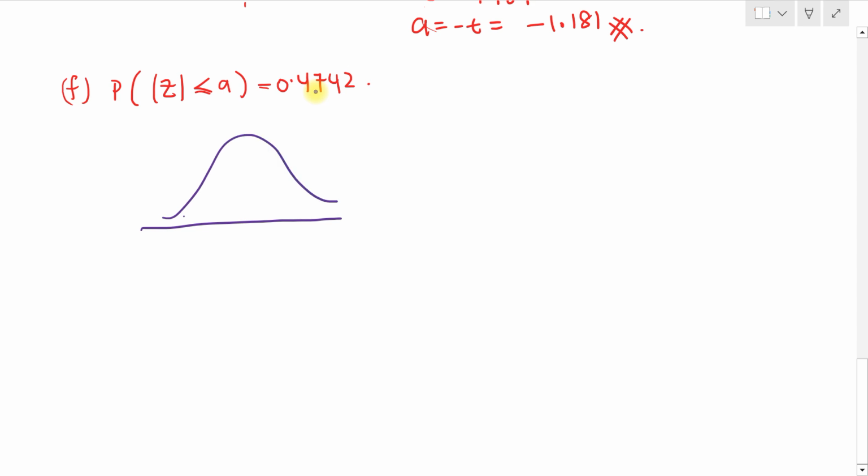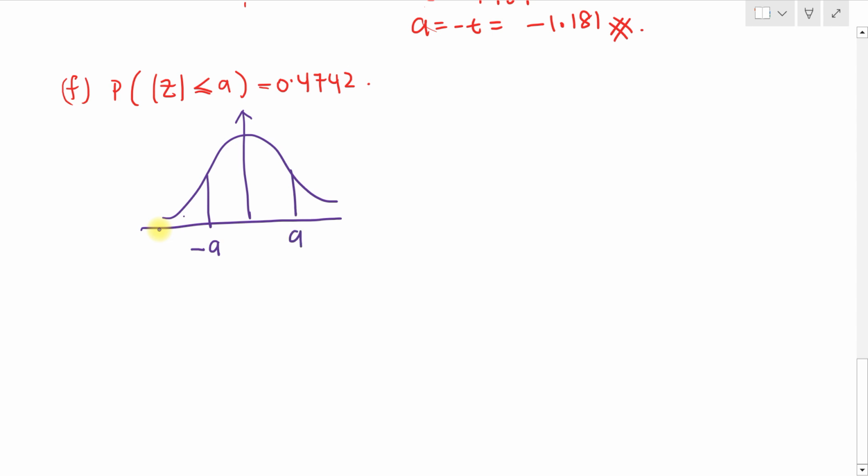Okay, you sketch the normal distribution graph. Since you have modulus, it will be negative t and positive t. Actually, if it is a modulus, you just maintain as a, because we can put it here negative a and positive a.